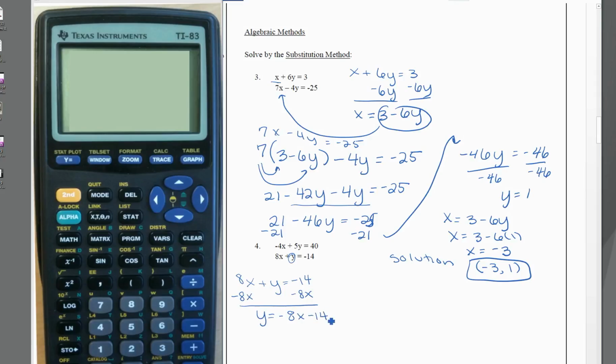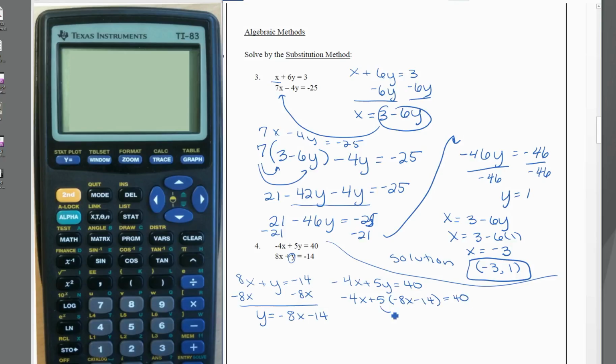Now we need to plug that into the other equation. So that's equation number 1. So let me write that, negative 4x plus 5y equals 40. So we're going to plug in what we just solved for y with parentheses, so negative 4x plus 5 times negative 8x minus 14 equals 40.